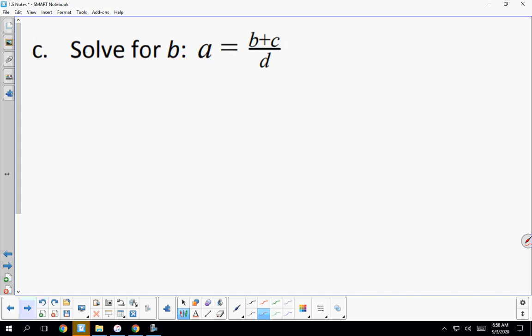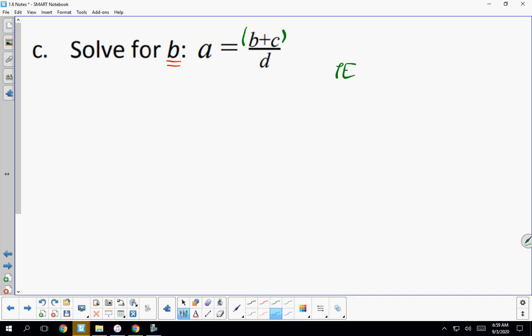So in this next one it says solve for B. Again, that means get B by itself. The reason for this is just to help us look at a specific variable if we're interested in that variable. So in this case, because we have a fraction, there's actually an invisible set of parentheses here.